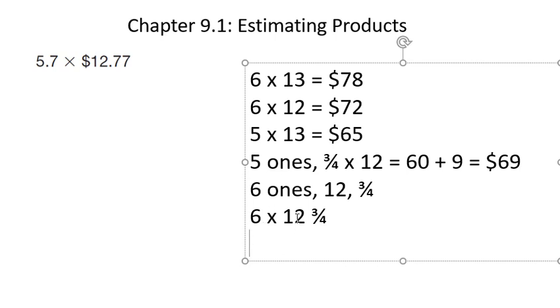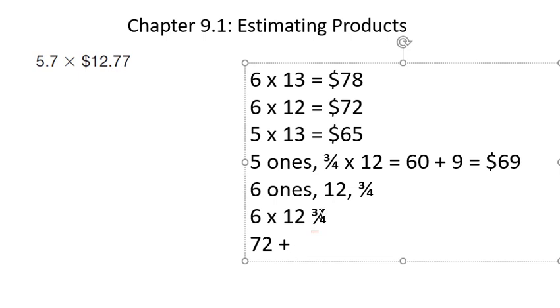So what is 12 times 6? Well, we learned up here it's 72. But I have to add now my 3/4 of 6. If we look at this for just an instant, 0.77 is really, really close to 3/4.